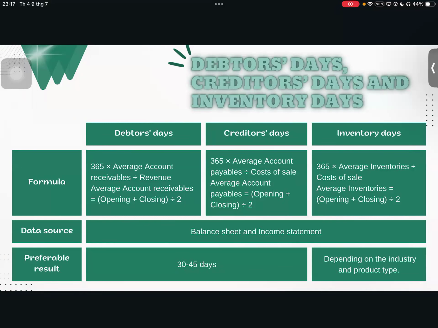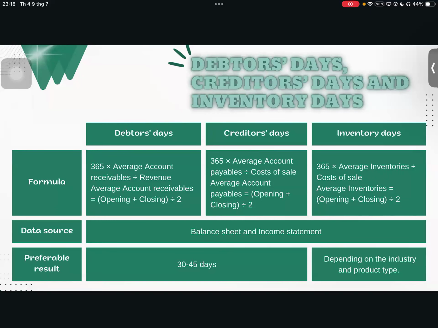Similarly, we have the creditors days. It is a measure of how long it takes the supplier to pay off their creditors. The creditors here include entities like the supplier's own suppliers, their employees, and other commercial creditors like the bank.